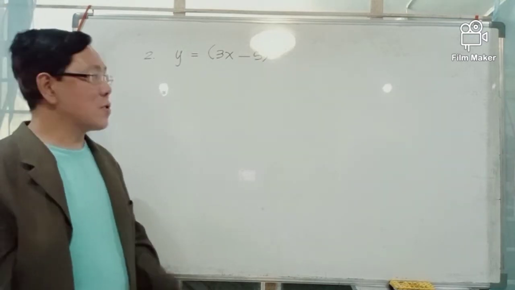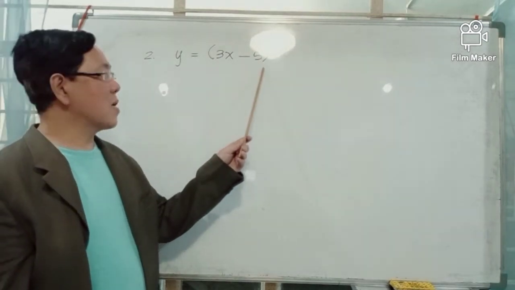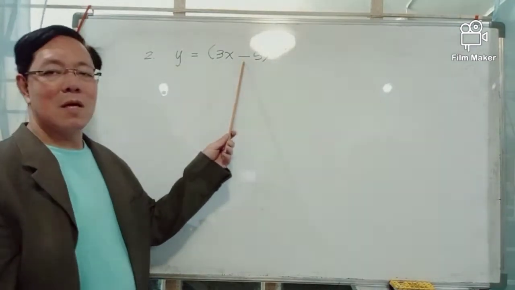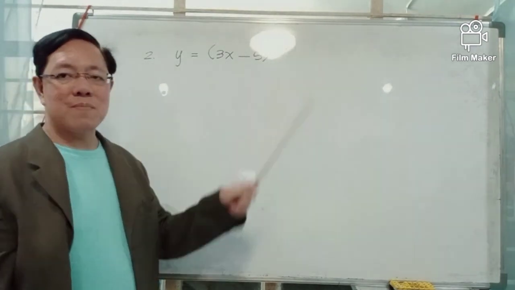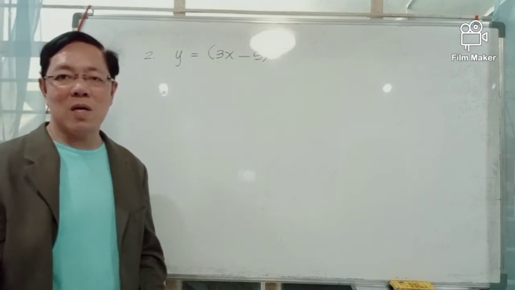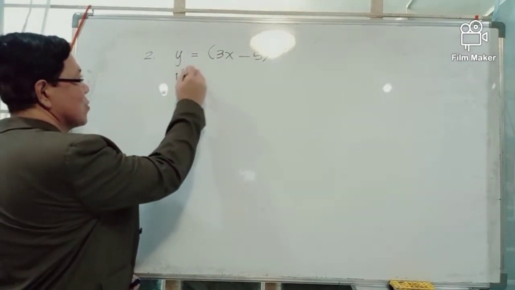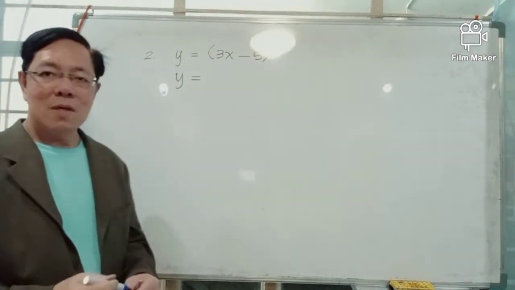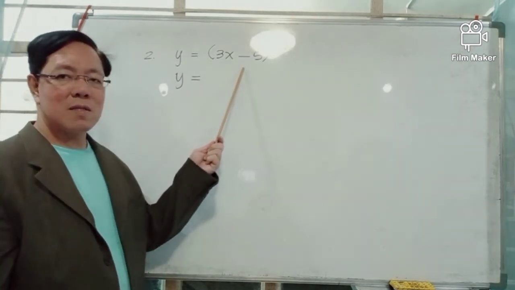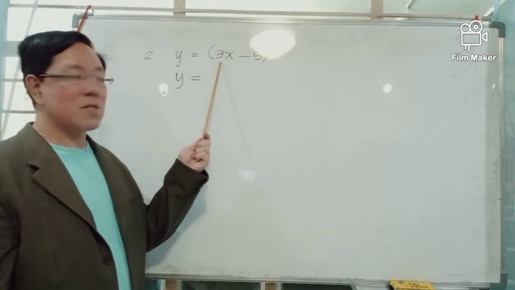And to apply the first theorem, we expand 3x minus 5 squared. That is, we get the square of the difference 3x minus 5 by applying the special product rule for the square of a difference. So we rewrite y as: the square of a difference is equal to the square of the first term.